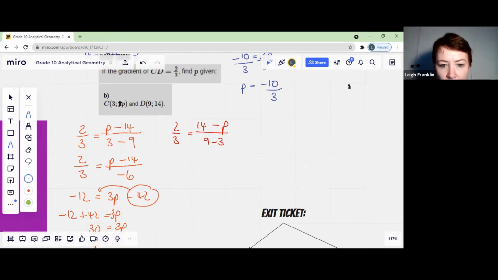Yes, ma'am. So now I've got 2 over 3 equals 14 minus P over 6. 9 minus 3 is 6. Now I'm going to cross multiply. I'm going to multiply 6 and 2 to get 12, and then multiply 3 with 14 to get 42.